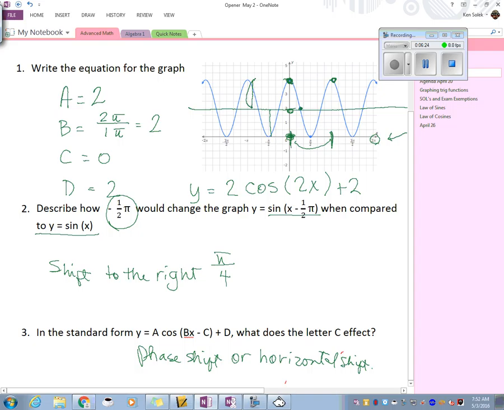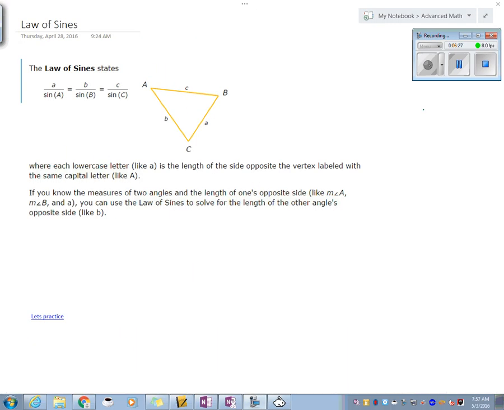Use the law of sines and the law of cosines if you are not using a right triangle. Now these will work with right triangles as well, but they don't have to be right triangles. So the law of sines says that if you have a triangle, A, B, C, big A represents the angle that you see.